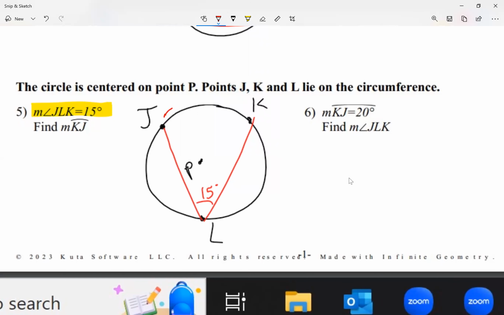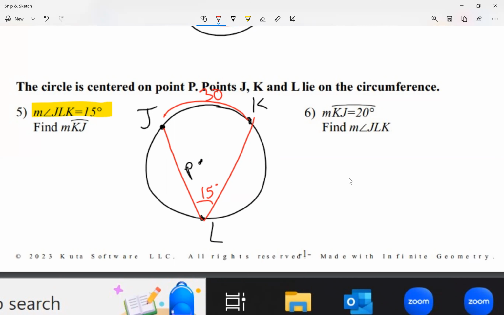So just before I move on, I'm going to say the arc JK is going to be 30. You guys might be like, well, where does the 30 come from? Well, the angle was 15, so the arc must be 30. Remember I said a few seconds ago, if I gave you the angle and you want to know the arc, double it, right? 15 times 2.